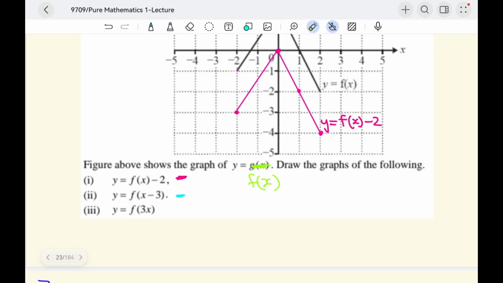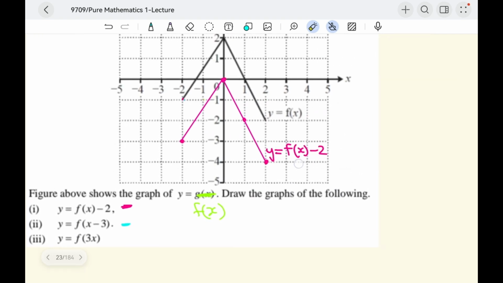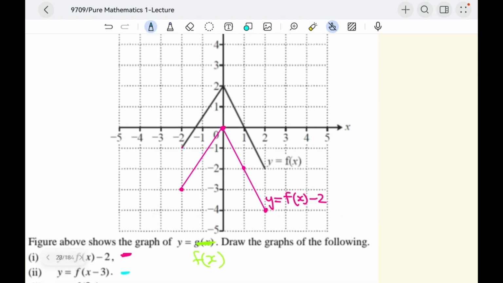Always remember that the horizontal transformation is totally opposite to the vertical transformation. Got it? So this one moves 3 units starting from here, here, here, and here. 1, 2, 3. Over here. 1, 2, 3.